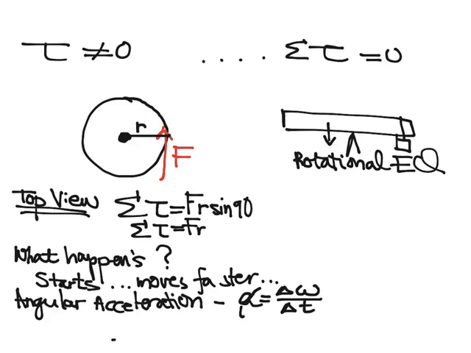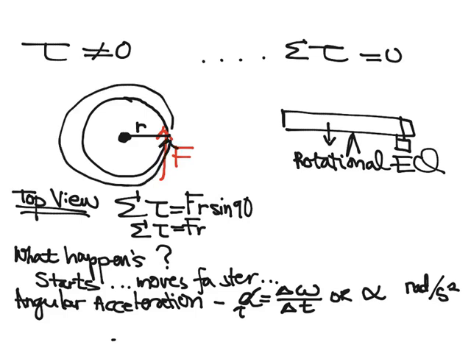So angular acceleration is the change in your angular frequency per unit time, or you can just think of it as the rate of change of radians per second squared. So instead of acceleration being meters per second squared, it's how fast your radians are speeding up. And this is radians in the same sense of 2 pi radians all the way around a circle, but it's how fast your radians are speeding up.